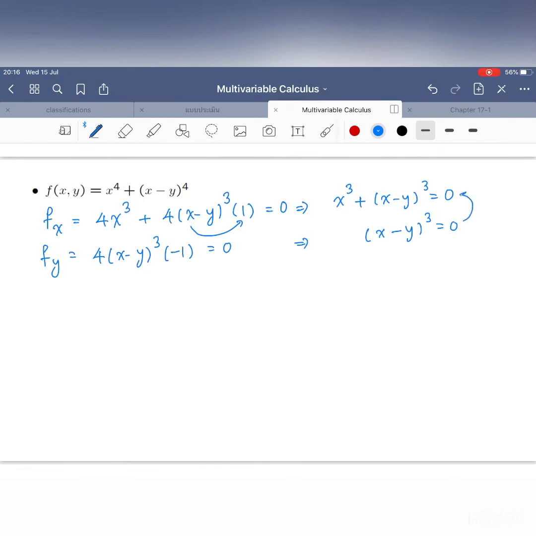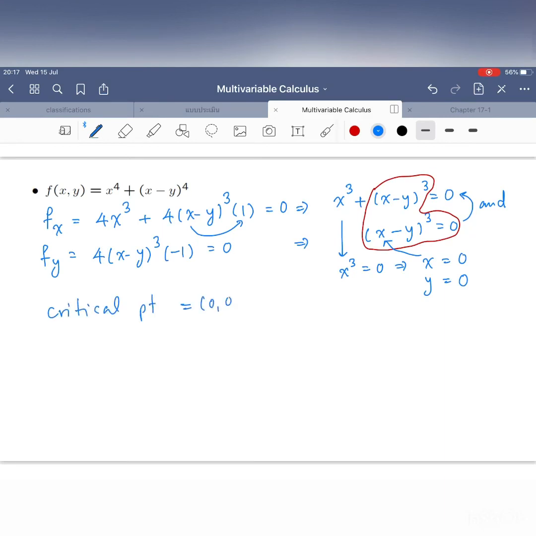So this one can replace it there, right, because it is the and, so you can just replace this whole thing by 0, because x minus y, we just have that it equals to 0. So it means that actually your x cubed is also 0, so your x is 0. So if your x is 0, you can plug into here to get your y also 0 as well. So it means that the only critical point that you have here is 0, 0.